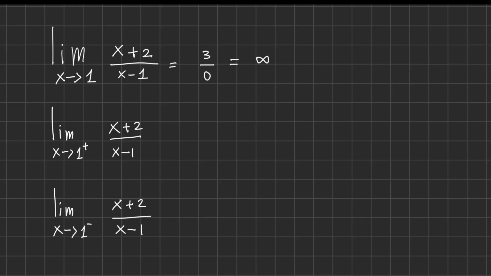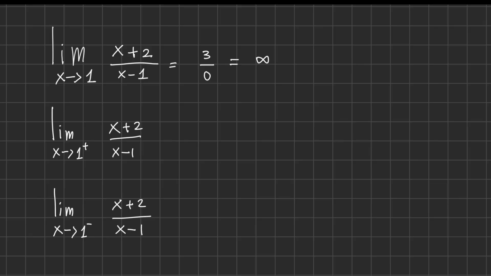If these two are the same, then we can conclude also that the initial limit is going to be the same. Otherwise, if these two are different from each other, then the limit will not exist.